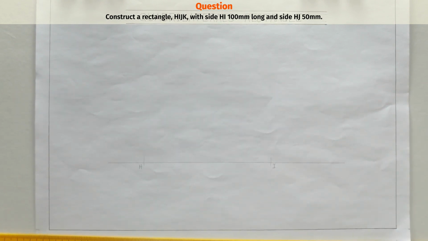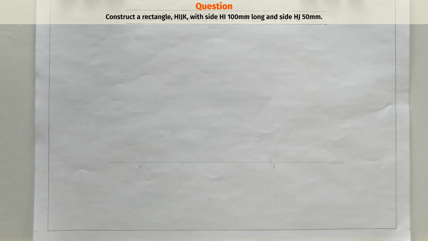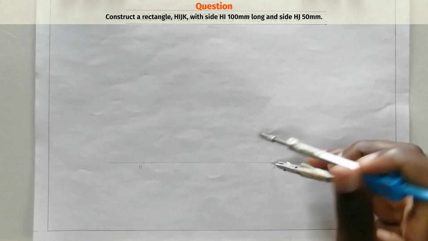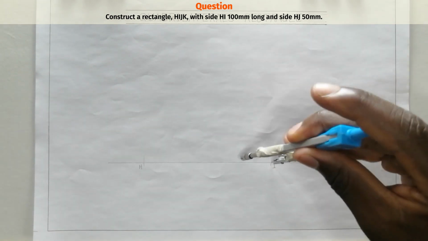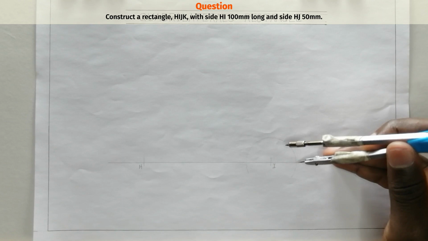Next, we're going to construct a 90-degree angle at I or even at H, but this time I'm using I. Why we're constructing a 90-degree angle is because we know all the angles in a rectangle are 90 degrees. This time I'm going to be bisecting 180.